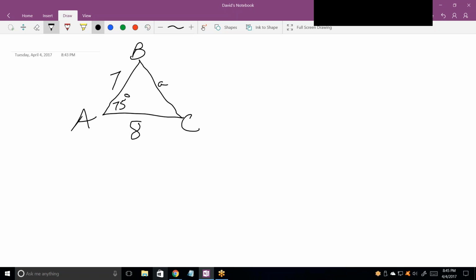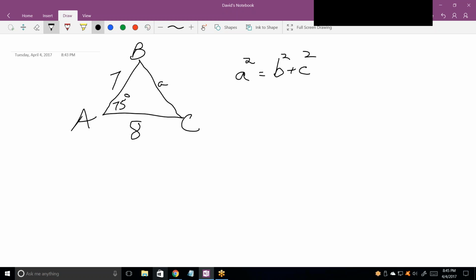What's the law of cosines say regarding this triangle? We start out with little a squared equals what? I'm not sure. Well, here, let me give you the general formula.